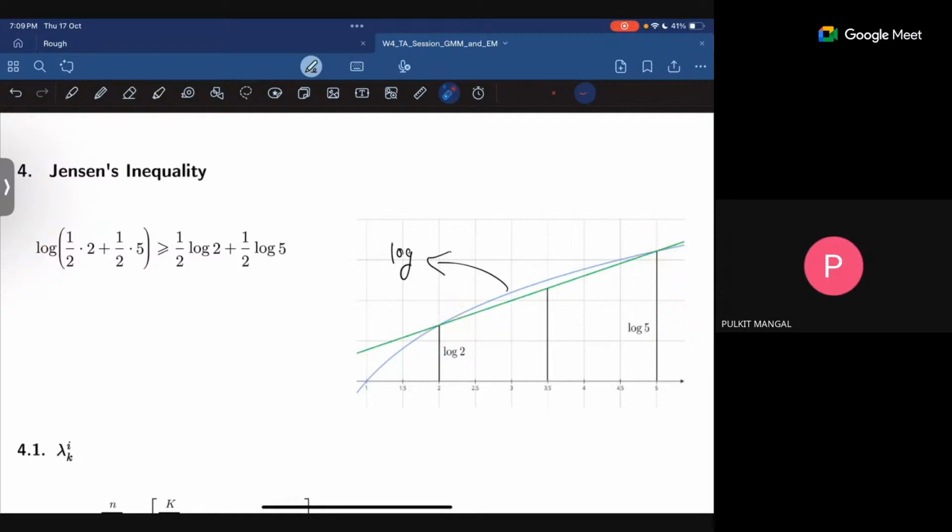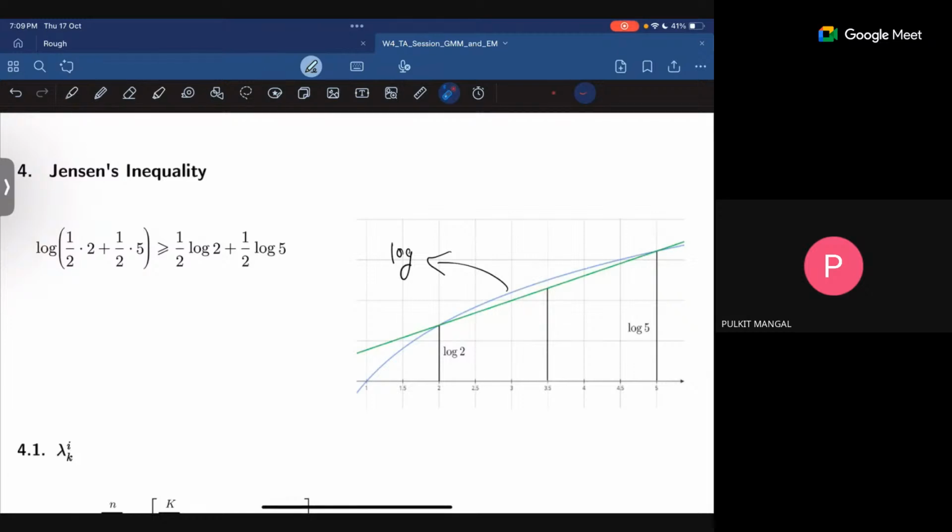Now Jensen's inequality says that if you have a concave function, meaning a function where a maximum occurs, and here the logarithm is an example, an increasing concave function. If you take any 2 points on this logarithm curve, as here we have taken log 2 and log 5, and draw the line joining them, that line will always stay under the curve of the function.